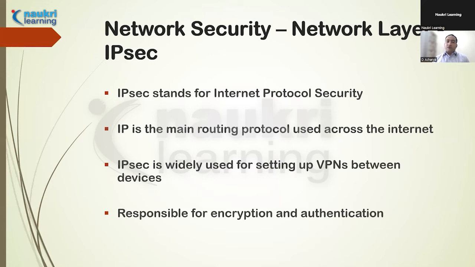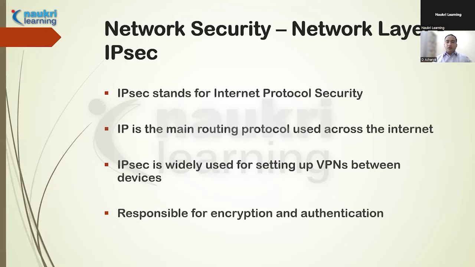Authentication here means IPSec proves the identity of the end user device or laptop to the corporate network, and also validates the identity of the corporate network to the laptop. That way two-way authentication happens, and then an encrypted, secure tunnel is set up between the laptop and the corporate network. That is where we ensure network security at the network layer.